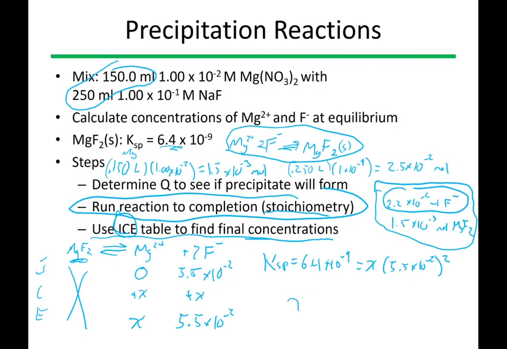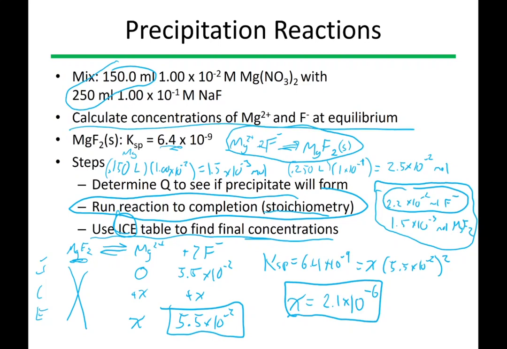And solving for X, we get X is equal to 2.1 times 10 to the negative 6. And so we have the concentration of X, which is magnesium, and the concentration of 5.5 times 10 to the negative 2 for the fluoride, and that's the final concentration of all these species at equilibrium.